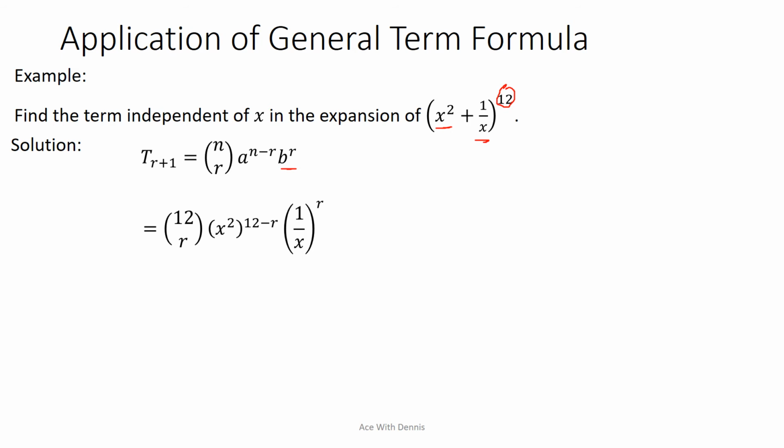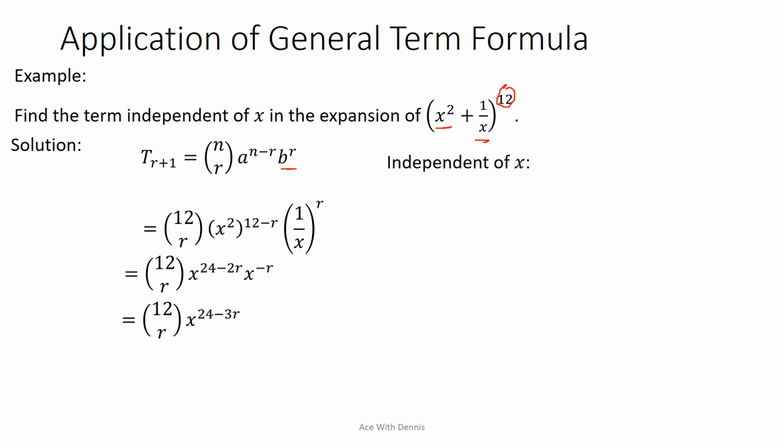We get 12 choose r times (x²)^(12−r), times (1/x)^r. Then we can open the bracket: x to the power 24 minus 2r. For 1 over x to the power r, we change it to the indices form, which gives us x to the power of negative r. Because they have the same base, we can add the powers together. So we get 12 choose r, x to the power of 24 minus 3r.